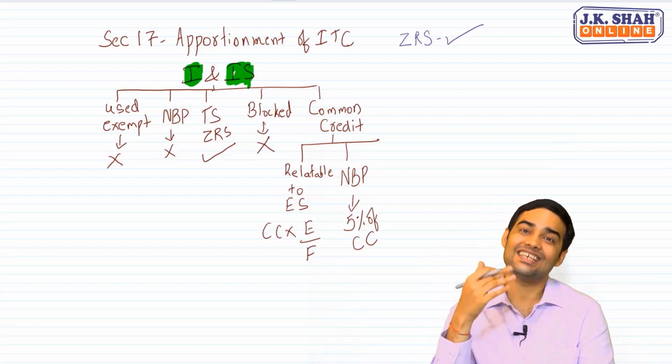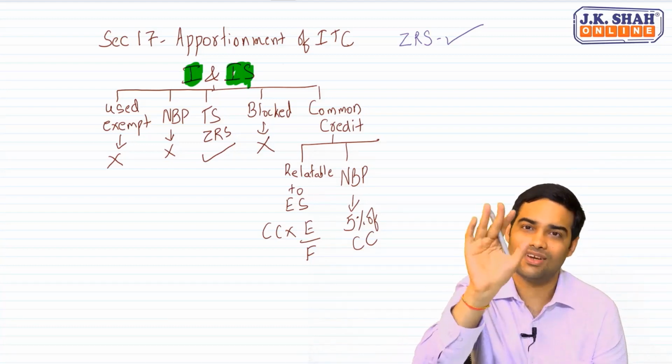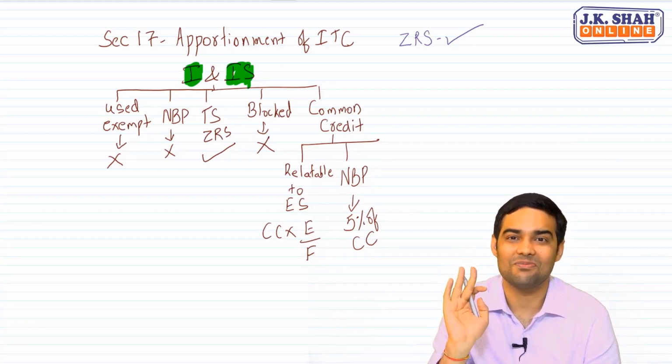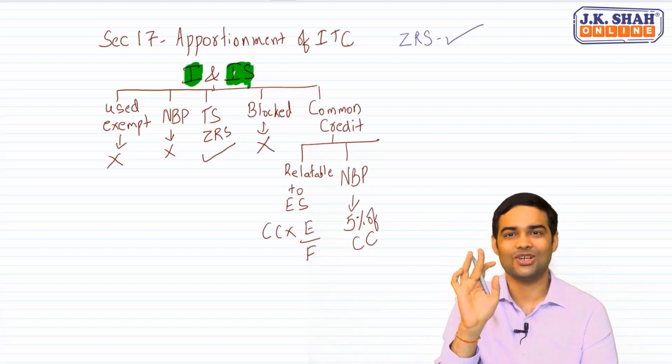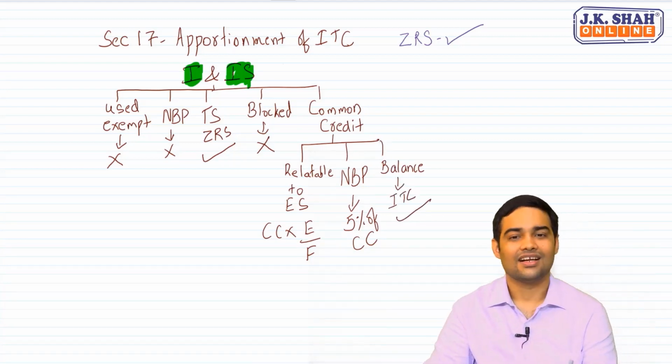If question says that it is used for non-business purpose as well, then 5%. Question is silent. Please don't start applying this 5%. Then just do relatable to exempt supply and balance will be available as ITC. Balance ITC available. Clear with this?